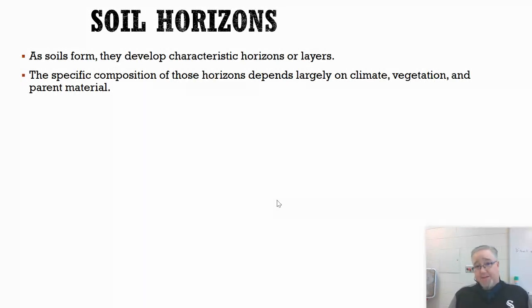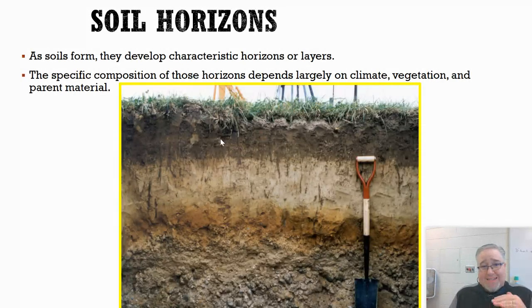Soil horizons are distinct layers of soil that appear as you get further and further down. If you were going to dig, let's say, a 10 or 15-foot hole in the ground, you would start to see these different horizons, and most of the time there's a color difference between them, and there's also usually a texture difference too.